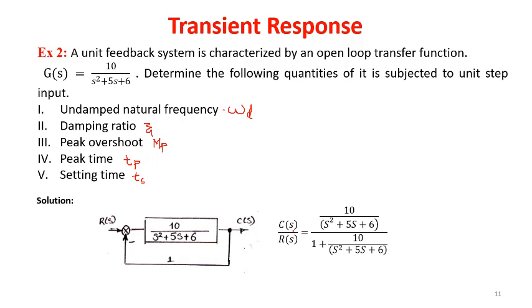Hence C of s by R of s is equal to 10 divided by s square plus 5s plus 6, whole divided by 1 plus 10 divided by s square plus 5s plus 6. When we simplify, we get 10 divided by s square plus 5s plus 16. So this is the value we are going to get.